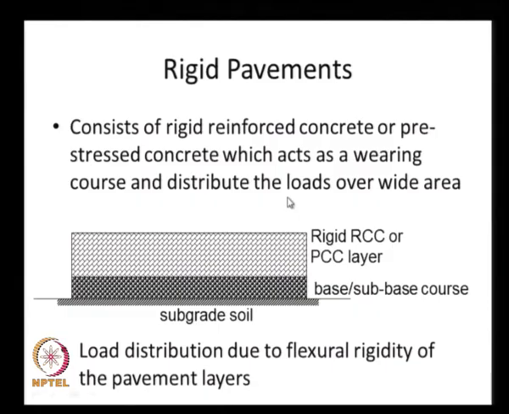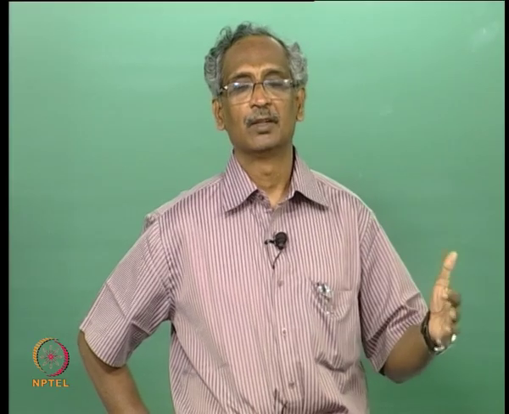And when it comes to rigid pavements, we do not have too many layers, we have only 2 layers. The one is the topmost layer, that is the rigid reinforced concrete layer, or just simply PCC layer, and because this reinforced concrete surface itself is very hard, it will also act as a wearing course.